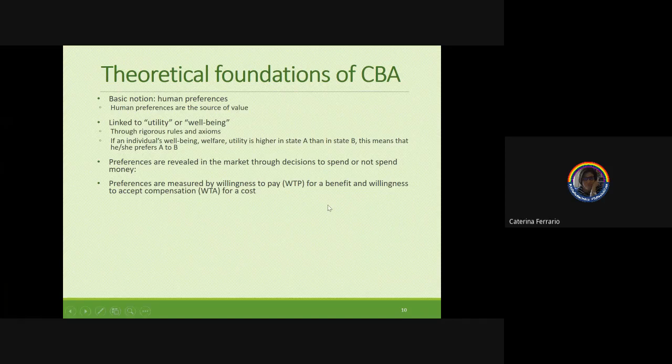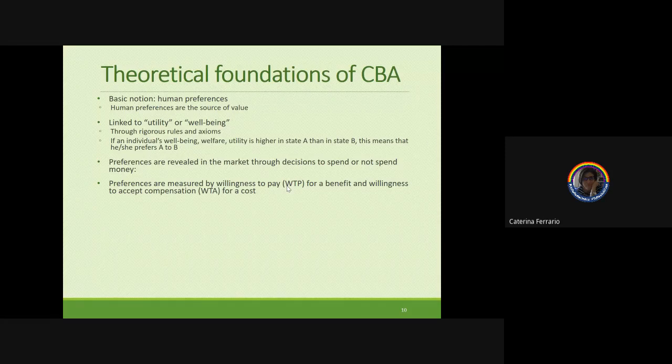So preferences are measured by two concepts, which we will define shortly, and which are basic to cost-benefit analysis. These two concepts are willingness to pay for a benefit, and willingness to accept compensation for costs. These are the monetary values that allow us to measure preferences.